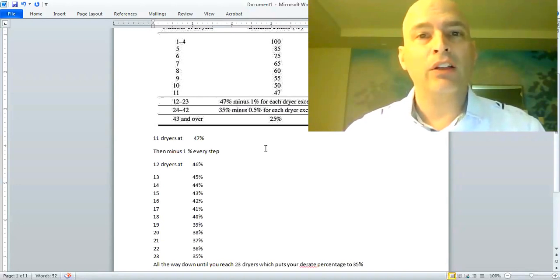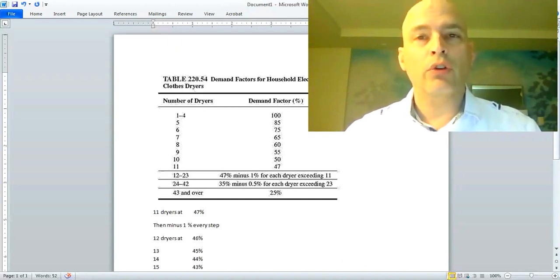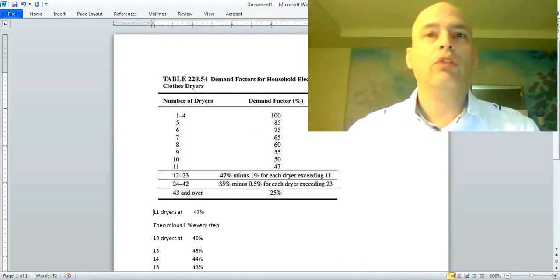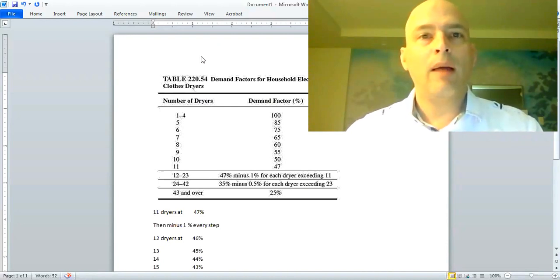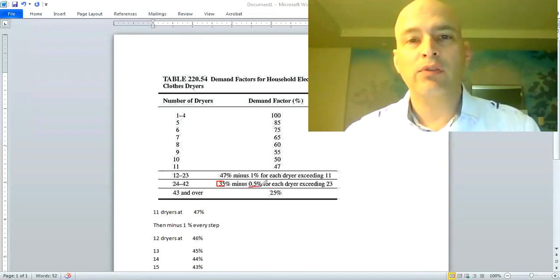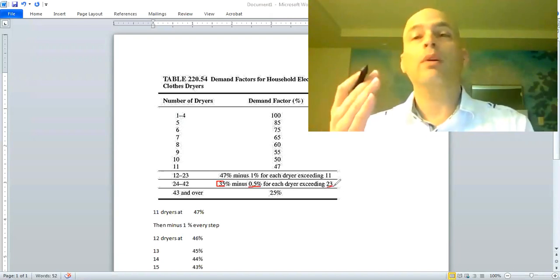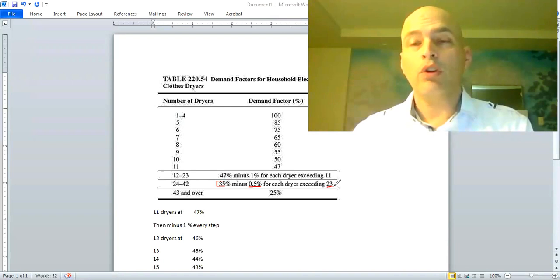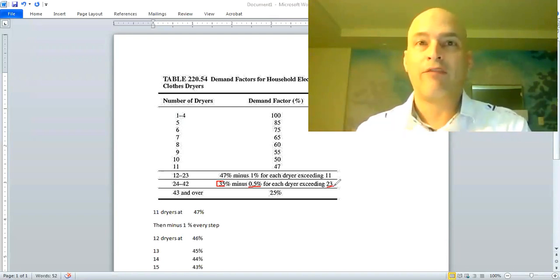So then if we go back and look at the table again, you'll notice that the next row starts right after that. So I'm looking at 35% now. But now instead of 1%, I'm going to use 0.5% for each dryer that exceeds 23. So my 24th dryer would lose percentages like we've done so far, but now it would only lose 0.5%.